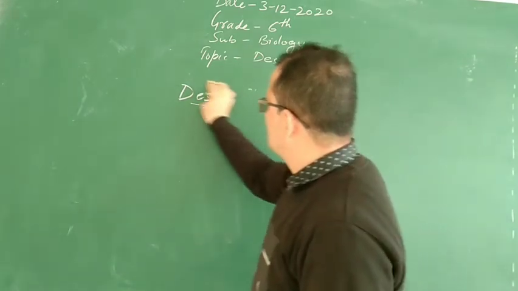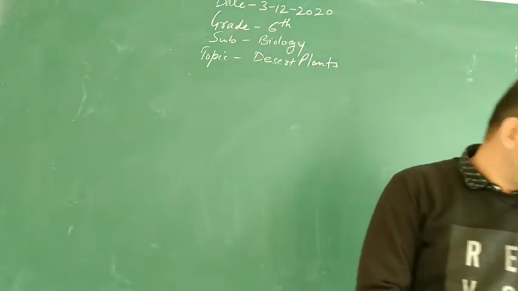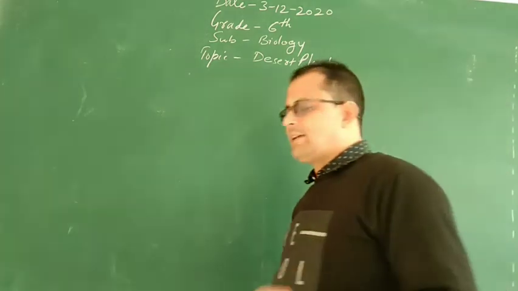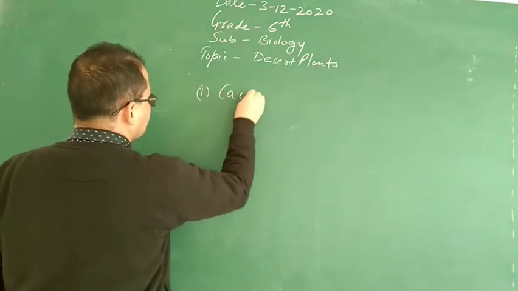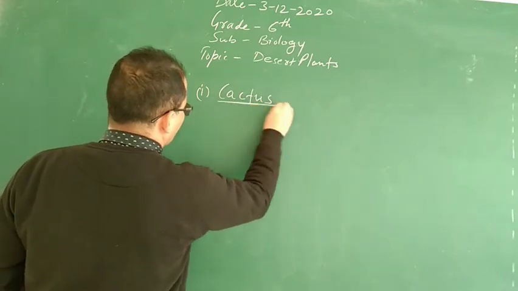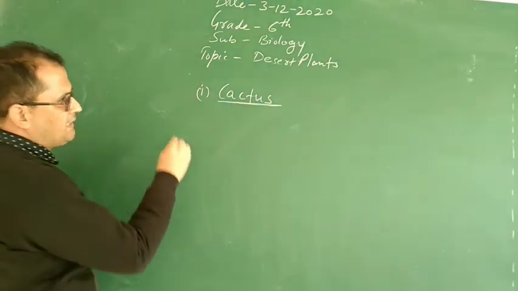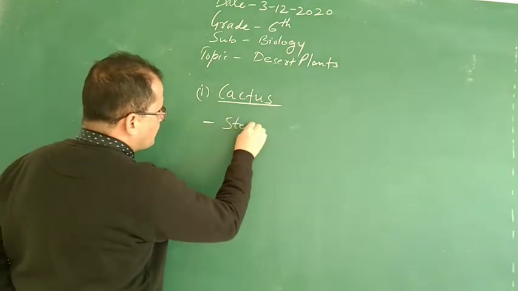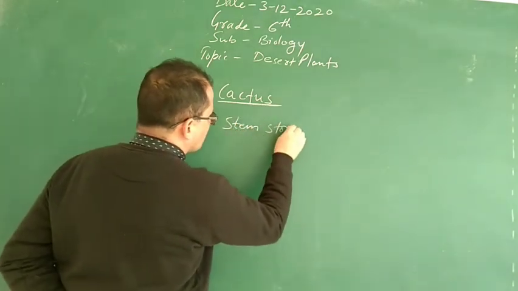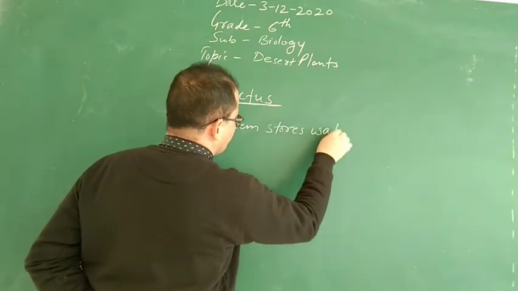So the first plant which we are going to discuss is cactus. So basically the stem stores water.